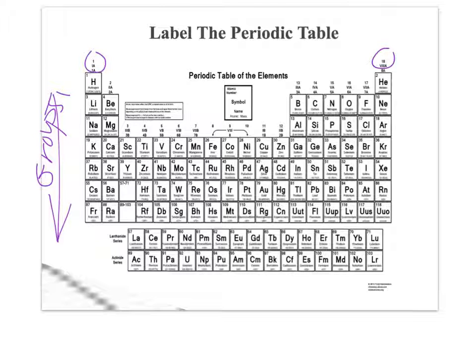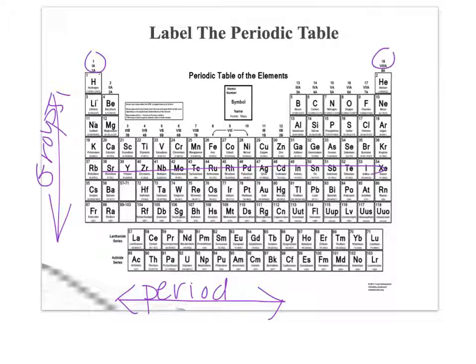Then we're going to draw our horizontal line, and that's where we have our periods. Everything that goes side to side, like through here, are periods. And if you notice, there's 1, 2, 3, 4, 5, 6, 7 periods. You can remember it like this: just like school, the periodic table has 7 periods.